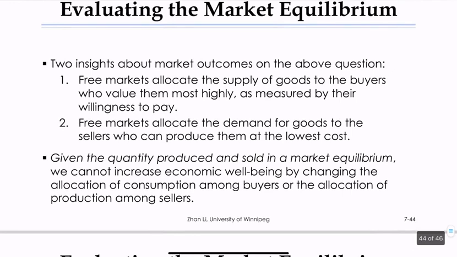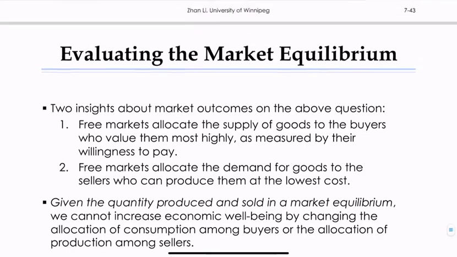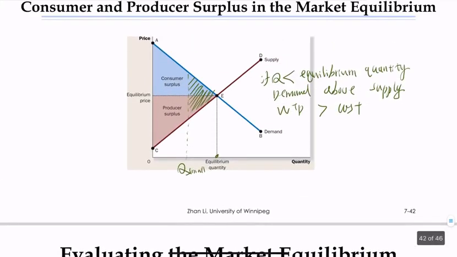Okay, let's summarize. So we have two insights about market outcomes. First, free markets allocate the supply of goods to the buyers who value them most. And second, free markets allocate the demand of goods to the sellers who can produce them at the lowest cost. Now, how do you get these two insights here?